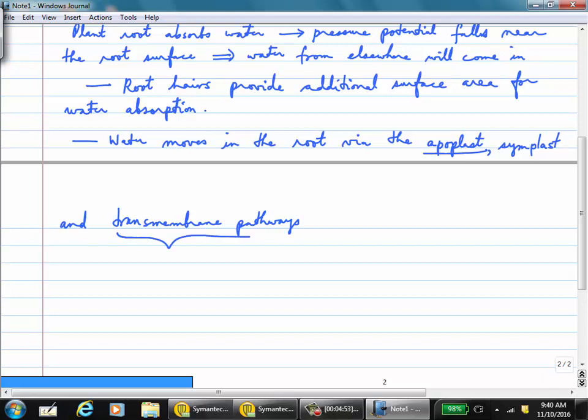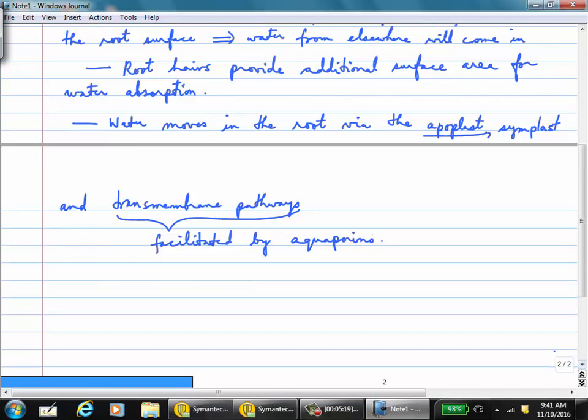For this last one, transmembrane pathways, the transport of water is facilitated by what are called aquaporins, which are basically like channels in the plasma membrane that allow water to go through. I talked about these last time.